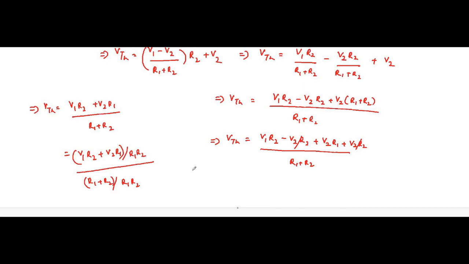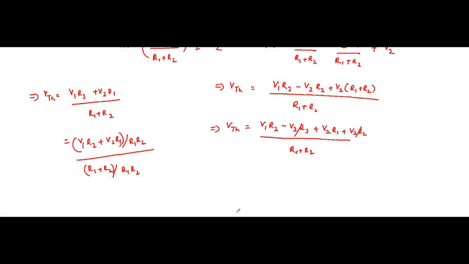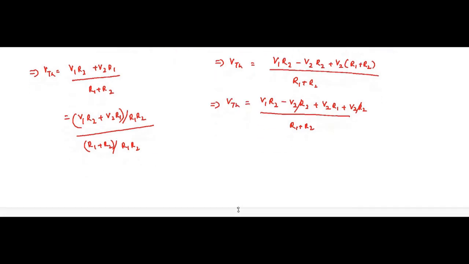That will be equal to V1 by R1 plus V2 by R2 divided by 1 by R1 plus 1 by R2.